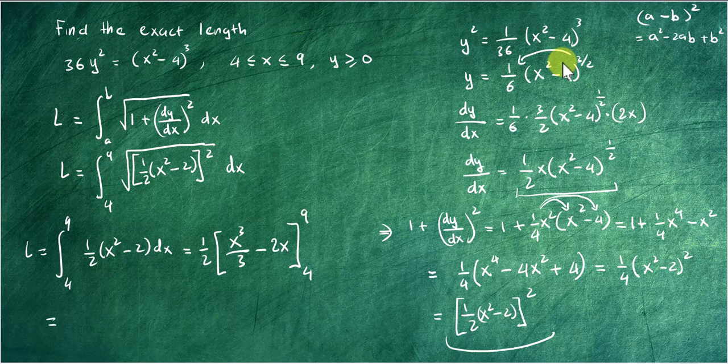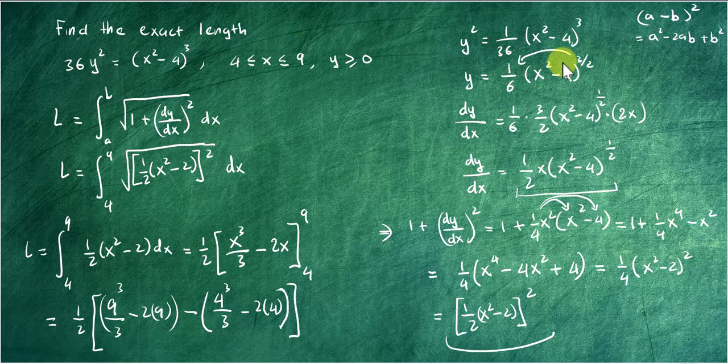And now it's time to evaluate the two endpoints. So I'll keep the 1/2 outside, and then 9 comes to the x minus 2 times 9, and then we will subtract, and then I'll plug in number 4: 4 to the third power over 3 minus 2 times 4, and that should be everything.